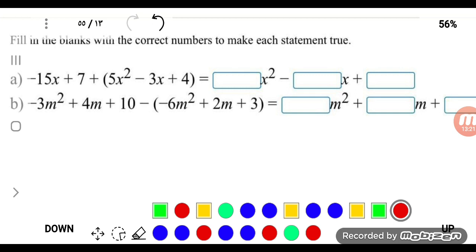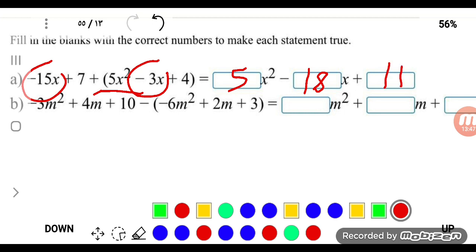If you collect like terms, there is no term in x squared but this 5x squared, so here you have 5x squared. But you can also combine this one and this one. Minus 15 minus 3, you get minus 18, so here you write 18 because the minus is already written. And 4 plus 7, 11, so here you write 11.